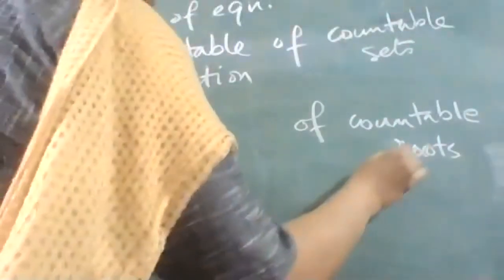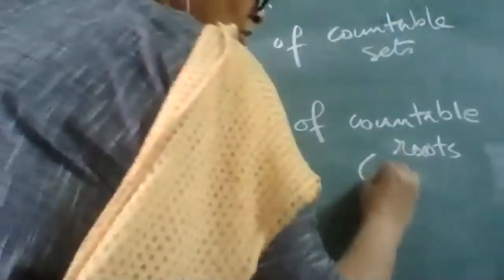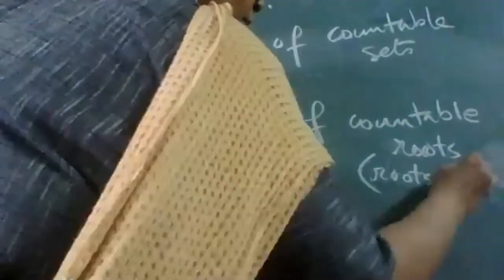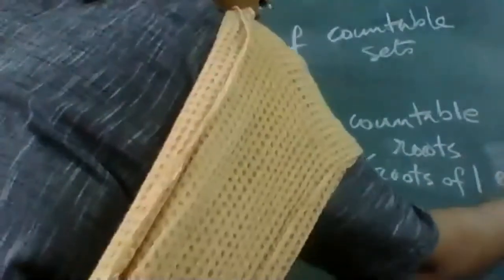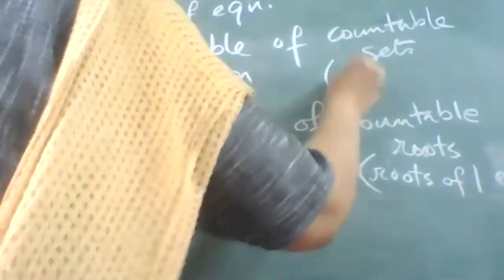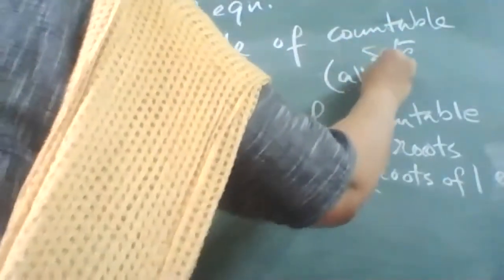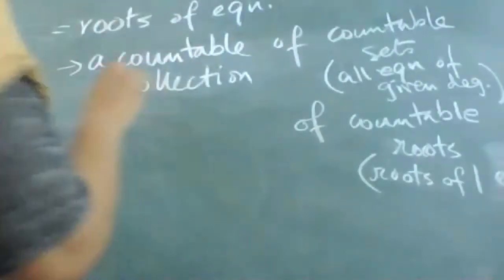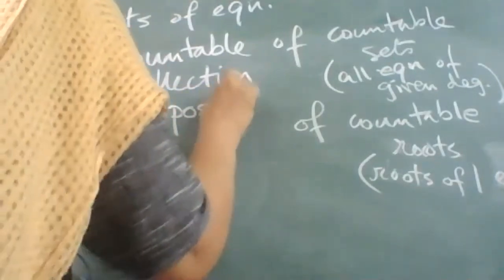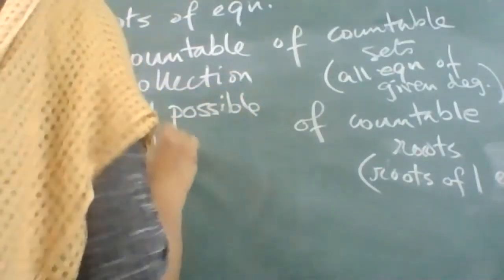So this gives you the roots of one equation. This is the collection of all equations of given degree. And this is all possible degrees, right?